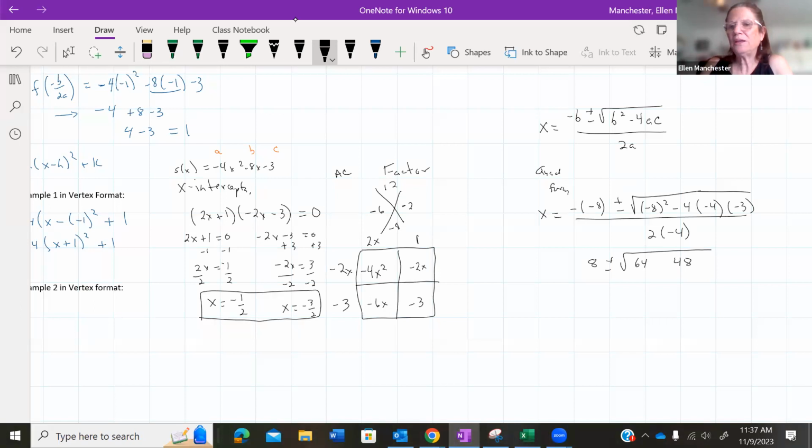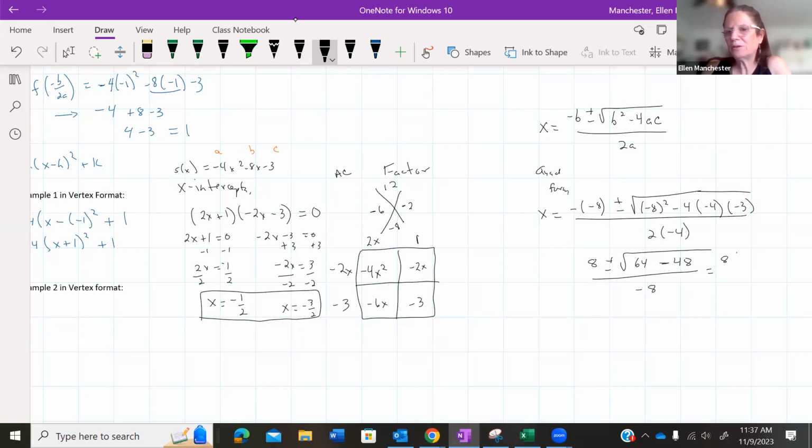I have 3 negatives. That's an odd number. So it makes it a -48. So you literally just multiply the 3 values, count your negatives. If it's an odd number of negatives, that value is negative. If it's an even number of negatives, that value is positive. And then all over -8.